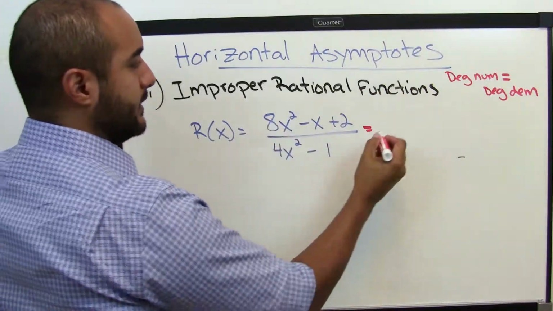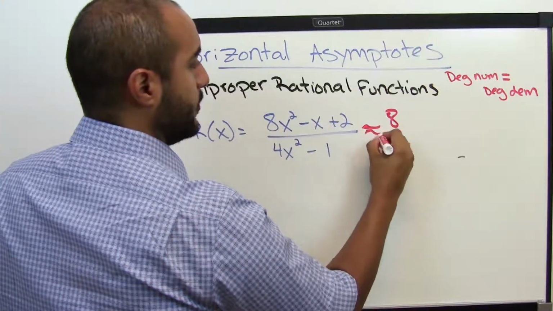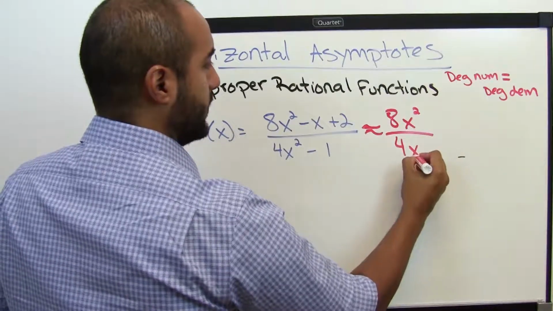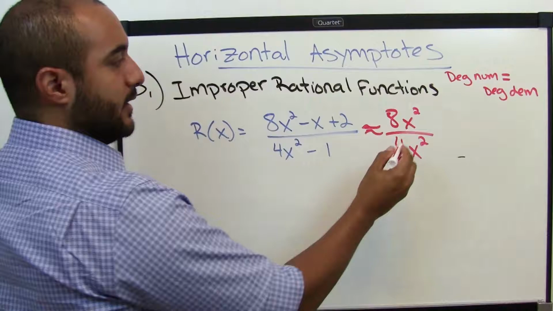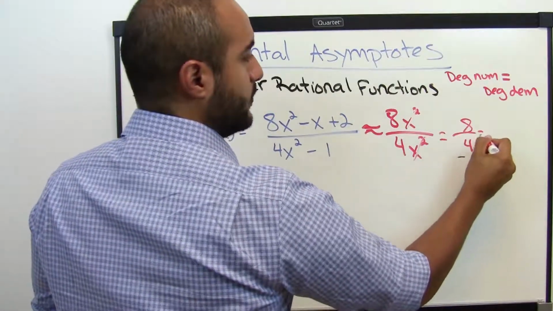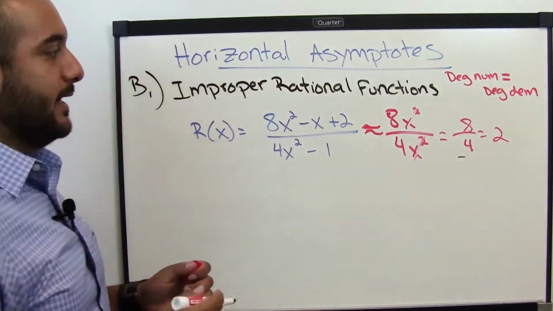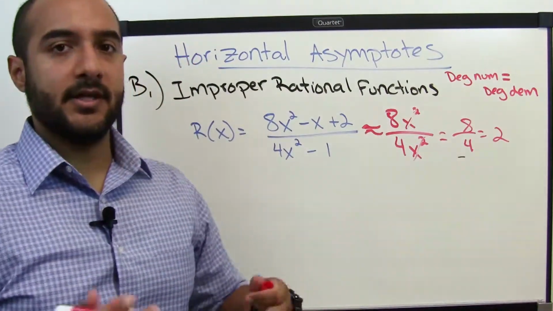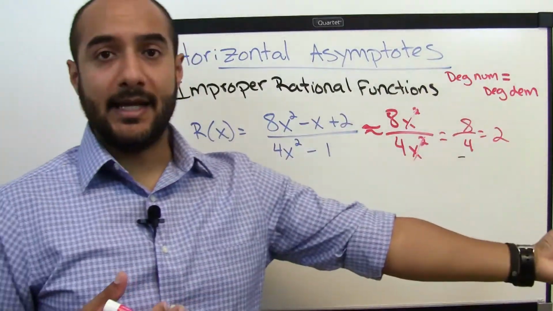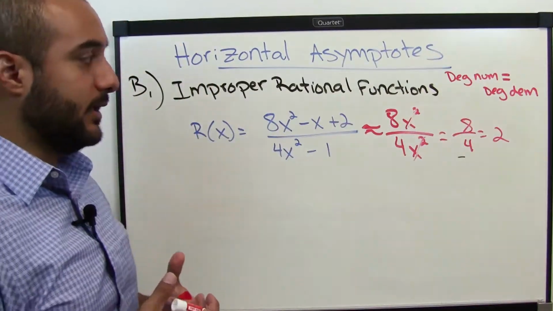I care about my leading term, so I'll pull that out. So 8x squared over 4x squared. Now this time when I simplify this though, I get 8 over 4, which is the same as 2. I didn't have any x's left over and had to see what was happening as I approached infinity or anything.